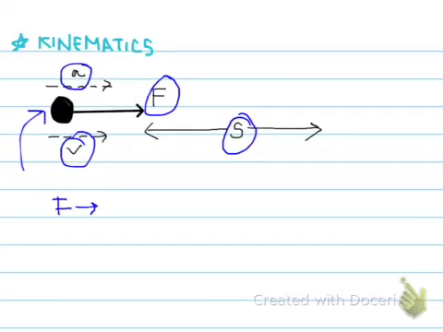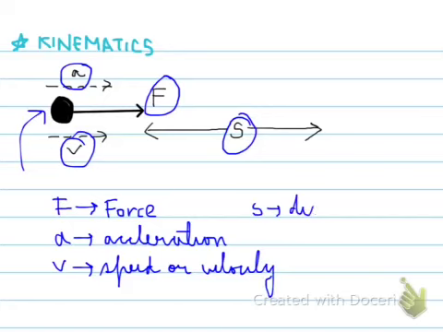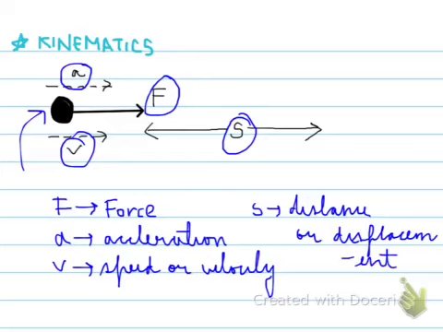That F is called the force, A is called the acceleration, V is called the speed or velocity, and S is called distance or displacement of the particle, right?